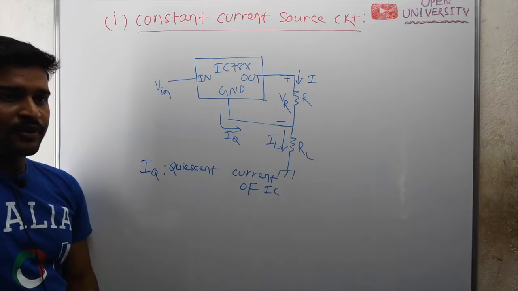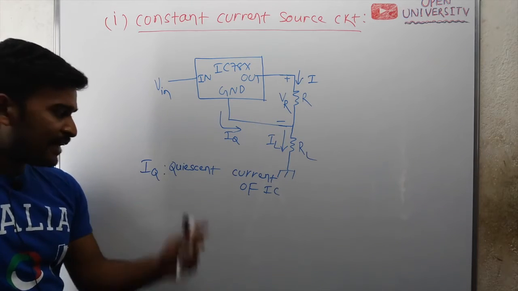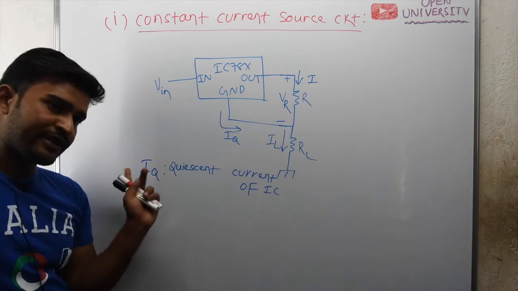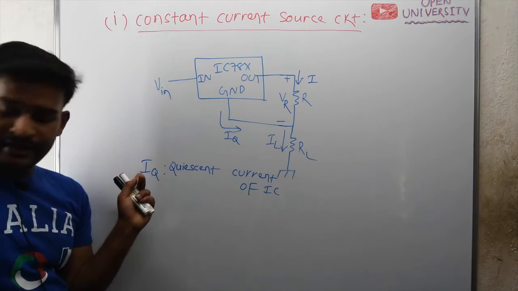IQ is constant for a given IC. If the IQ value is not given in the question, you can take it as 0.